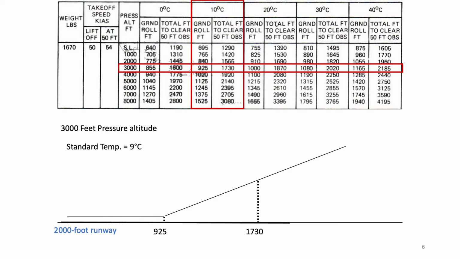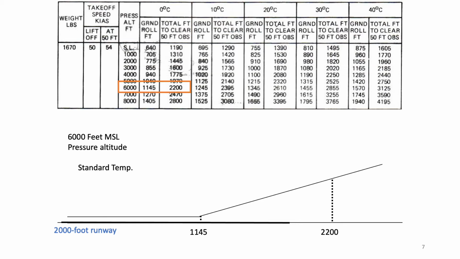Standard temperature at that altitude is 9 degrees C, which is close enough to the 10-degree set of columns for our purposes, which means we have about a 925-foot takeoff roll and 1,730 feet to clear that 50-foot obstacle. So you can see it increased both our ground roll and our 50-foot obstacle clearance distance considerably.